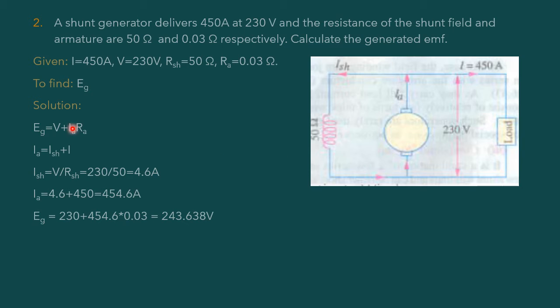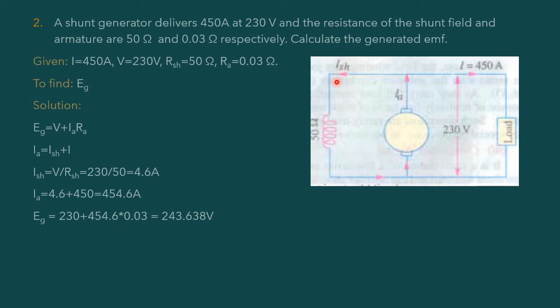Our aim is to find EG. V is given, RA is also given, but we don't know the value of IA, so we have to find IA. Since it is a generator, the output is electrical, so the current flows outwards. Then it is divided into two, so put the directions. So what will be the value of IA?